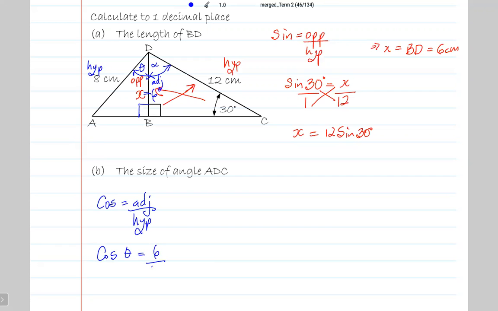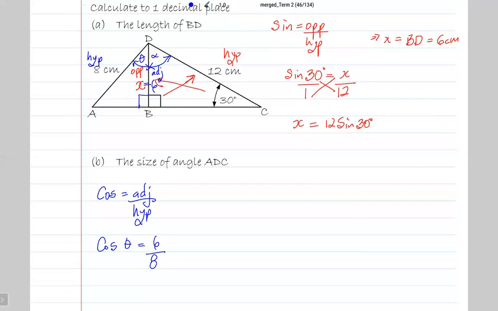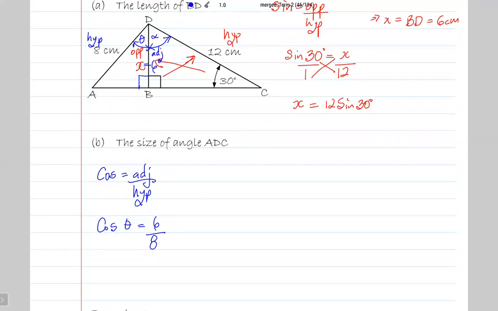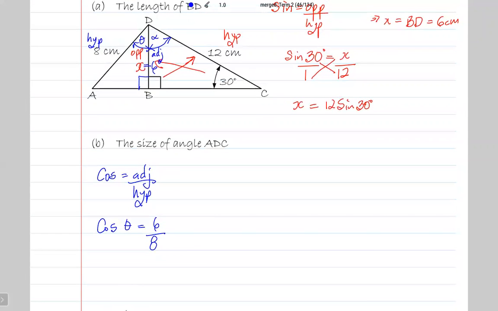Then I'm going to say the cosine of theta, which I don't know, is equal to adjacent 6 over hypotenuse 8. Now, if I know the cosine of an angle, to find the angle, I must use cosine inverse. So theta is equal to cosine inverse 6 over 8.